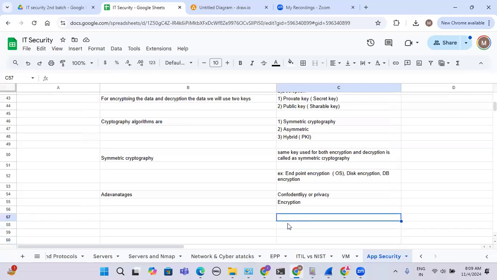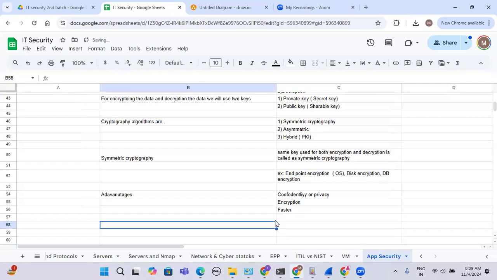And what is one more advantage here? It's faster, because the same key we are using for both encryption and decryption. That's why it is a faster one. Now, what are the drawbacks or disadvantages of symmetric?